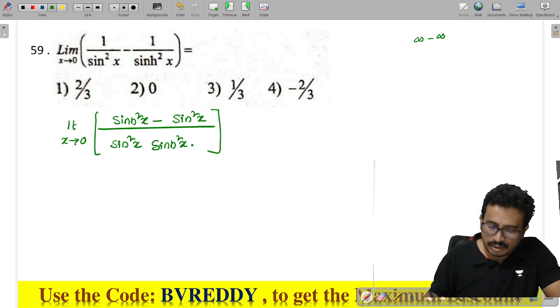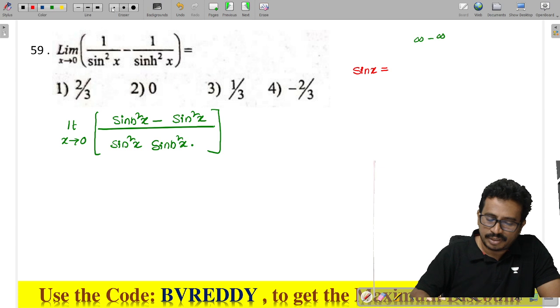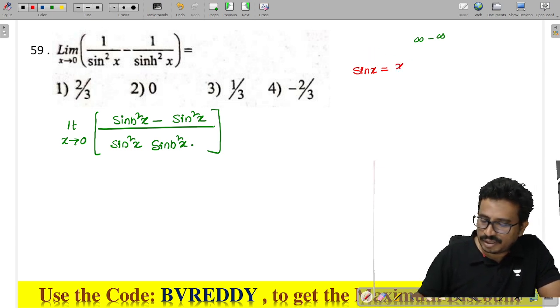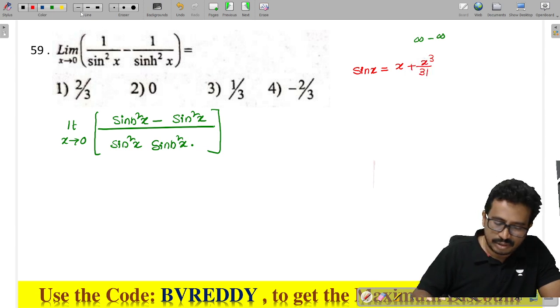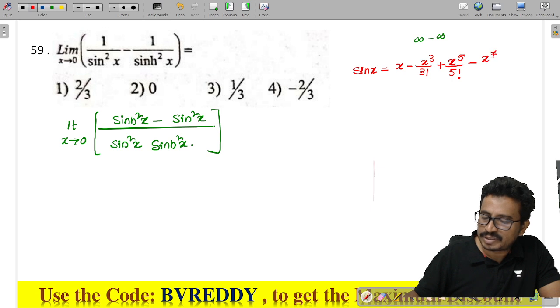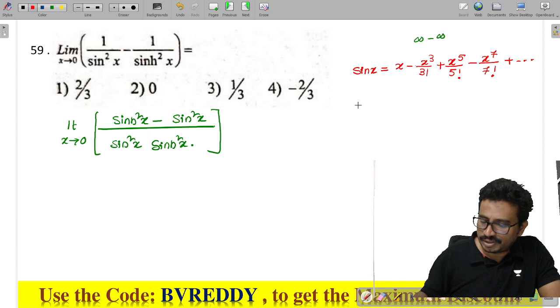right? Now as we know the sin x series, what is the sin x expression? Odd terms will come, which is x minus x cube by 3 factorial, plus x power 5 by 5 factorial, minus x power 7 by 7 factorial, plus and minus coming alternatively.